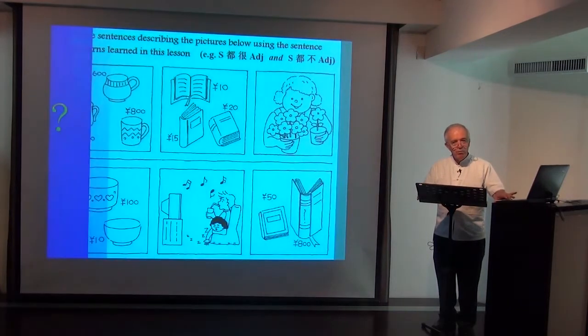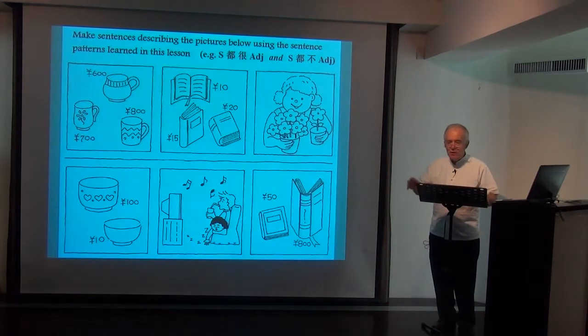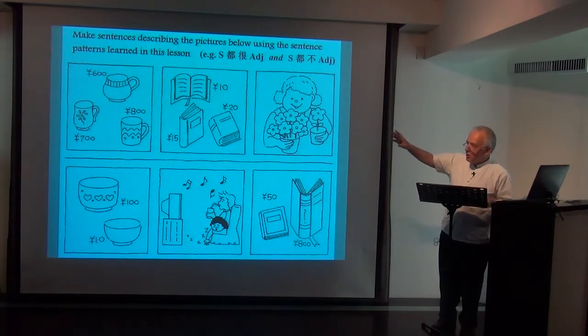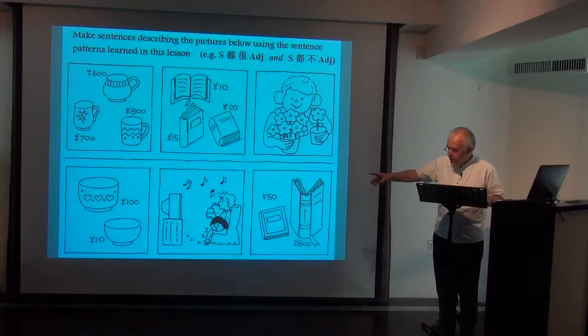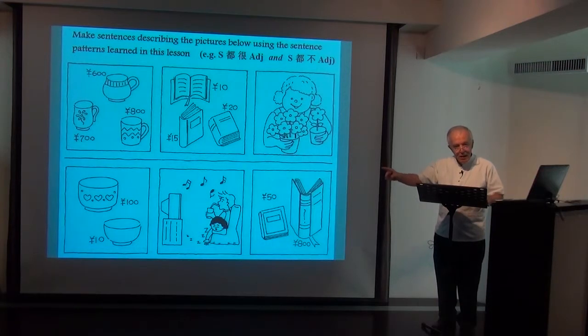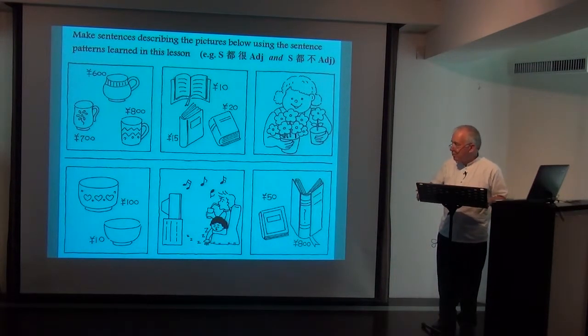Now, how can we practice adjectives? Well, again, using pictures. The one on the top on the left, 这些杯子都很贵. And you go down and pointing to the little one, 这个杯子便宜, implying the other cup is not cheap.